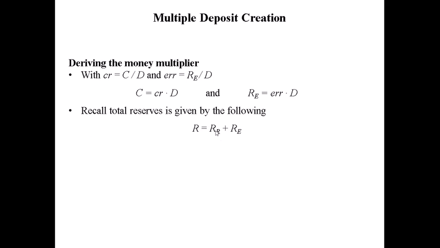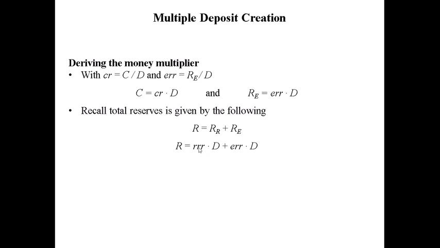Now, there are two ways to calculate total reserves: required reserves plus excess reserves, or borrowed reserves plus non-borrowed reserves. We're going to use the definition required reserves plus excess reserves. And remember that required reserves equals the reserve requirement ratio times demand deposits, right?